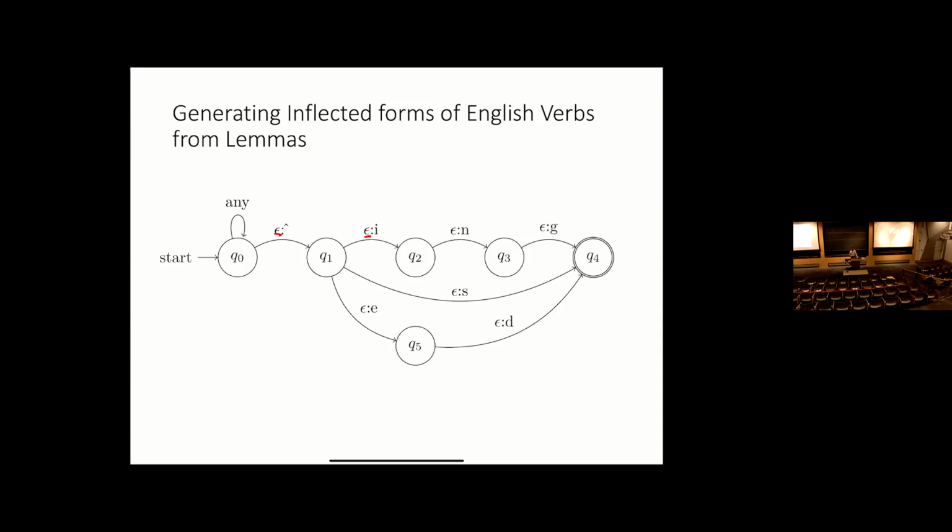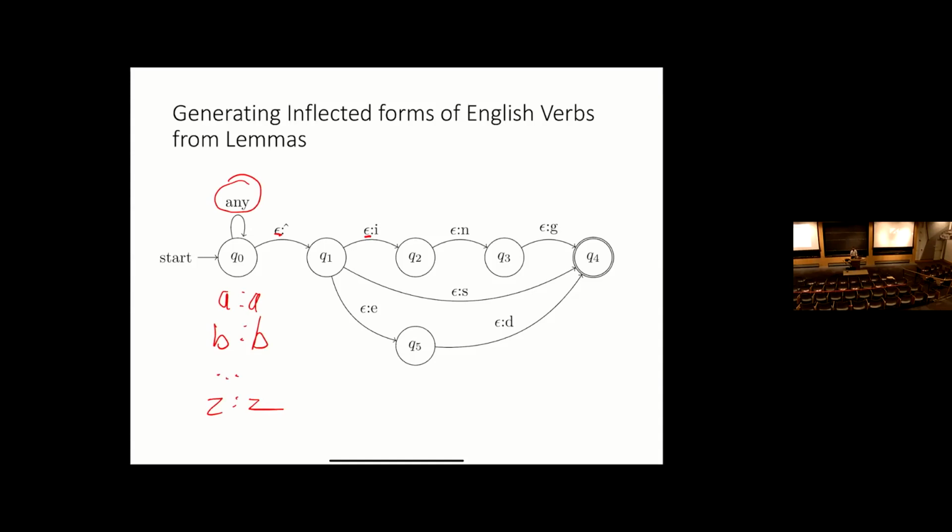So what this FST does is given any input, and this any here means any symbol to the same symbol. So this is the same as A to A, B to B, and so on.